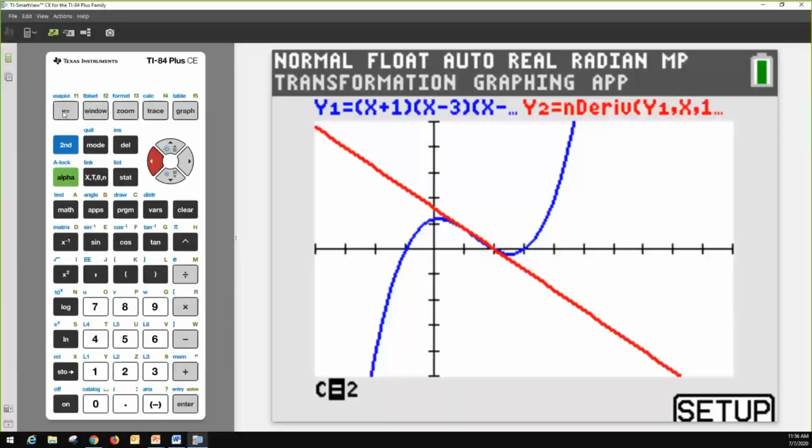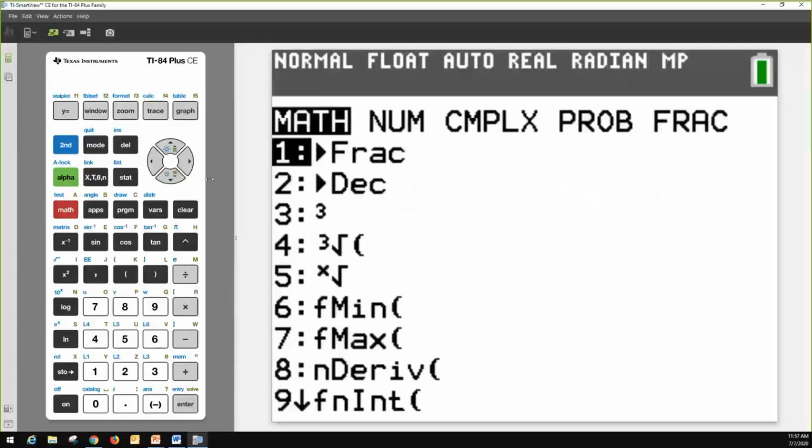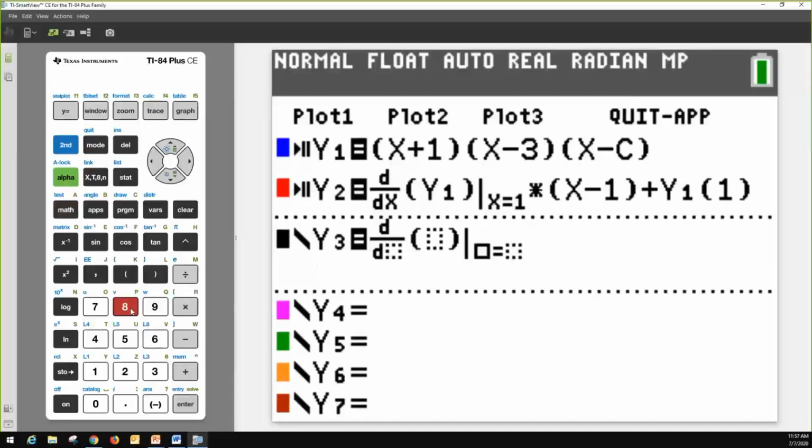Now, I see some people asking about how do you do the derivative function on the calculator. I've just been doing a recall, but the easiest way to do it, if I wanted to graph the derivative of something, is to go into Maths, and option number 8 is derivative, and it gives you the derivative template.